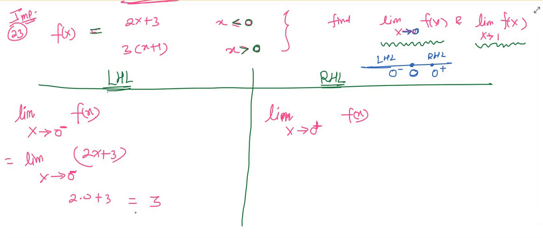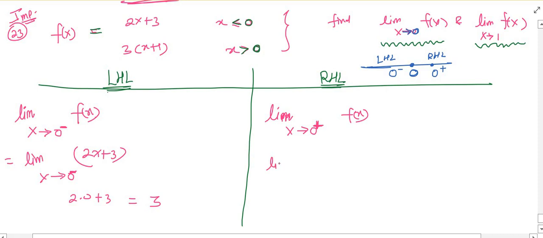See, we have to use other methods, formula methods or L'Hopital methods, only if we have a problem like 0 by 0, then only. Now 0 plus. 0 plus means a little bit more than 0. So which one should I take? First or second? More than 0 is this, so I will take this one only.